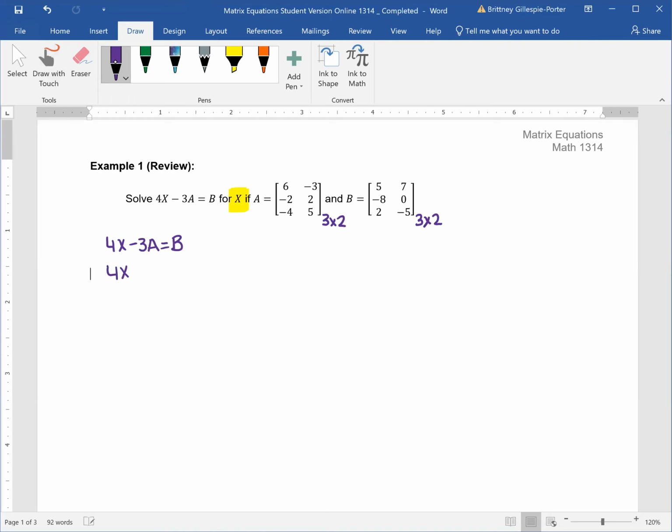So we would have 4x minus 3 times our matrix A, which was 6, -2, -4 down the first column, -3, 2, 5 down column 2, equal to matrix B, which was first column 5, -8, 2, 7, 0, -5.